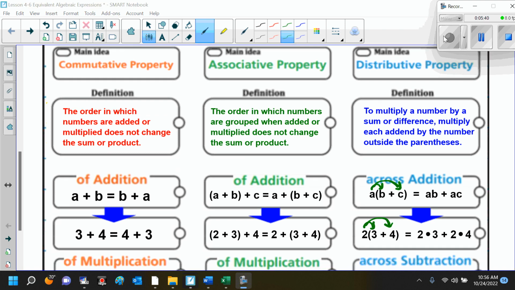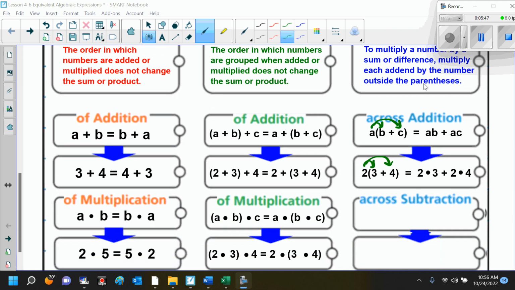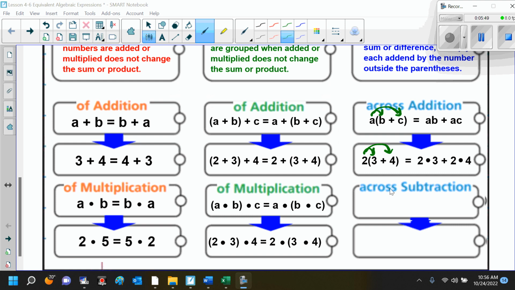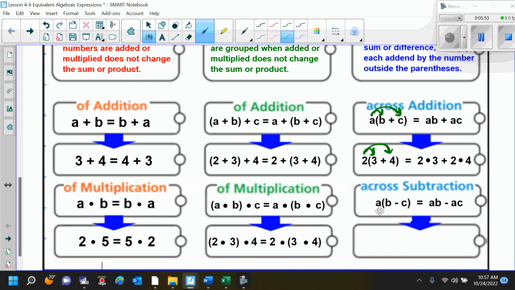The distributive property also works across subtraction. Here is another example for subtraction. If we have A times the quantity B minus C, it works the same way.